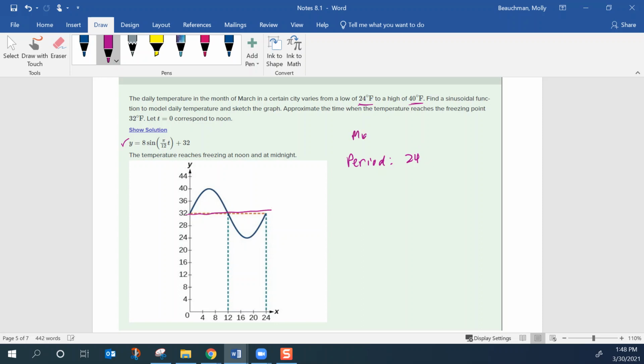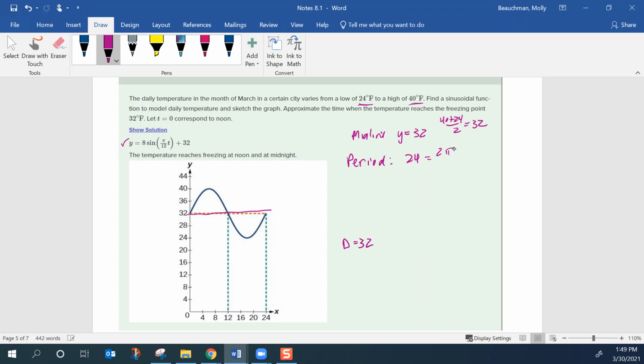We know the midline would be y is equal to 32, so that would be 40 plus 24 divided by 2. That's 32, so that's D. So let me write it down. D is 32. Then the period is 24.